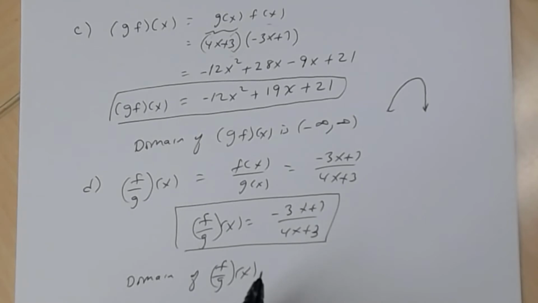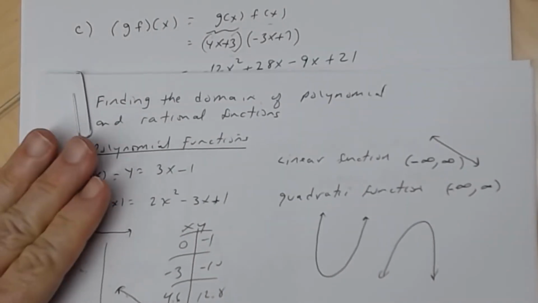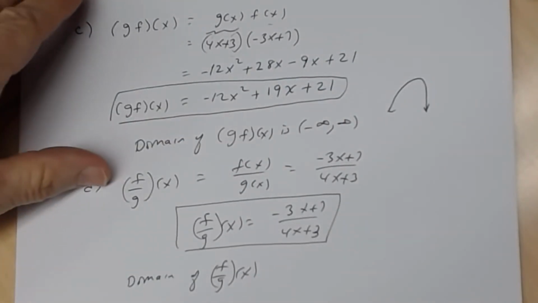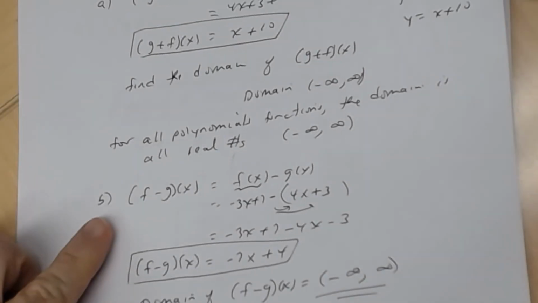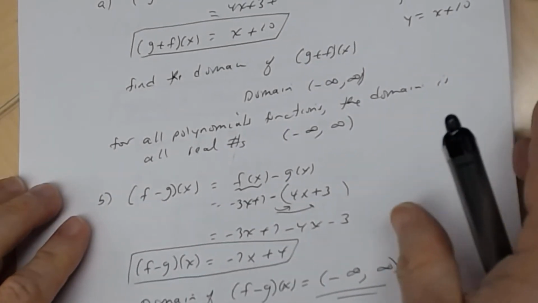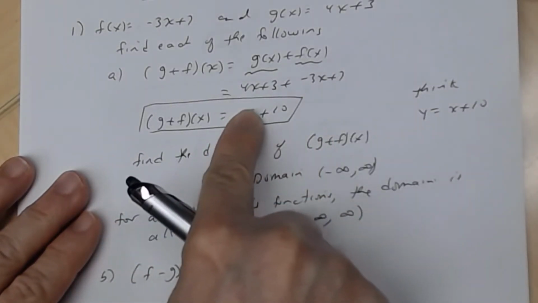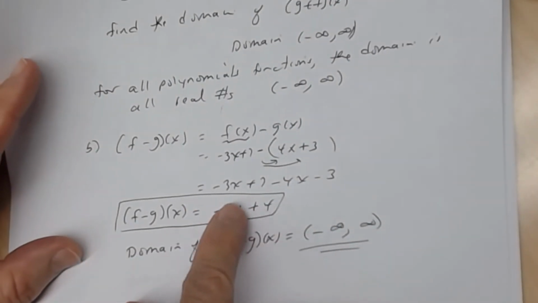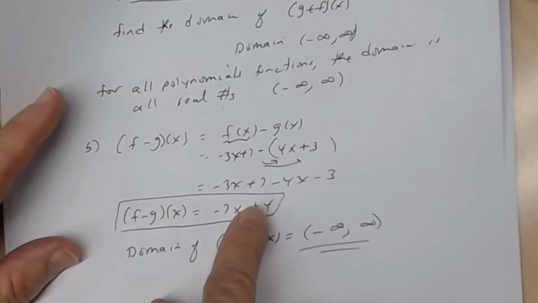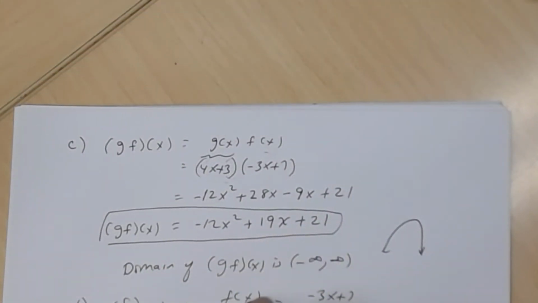Okay, now here's where we got to remember something about our discussion of this lesson. So remember, in part A, our new function is a polynomial, right? Our new function is a polynomial for part B. For part C, our new function is a polynomial.